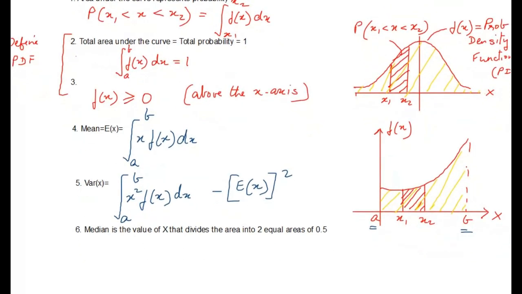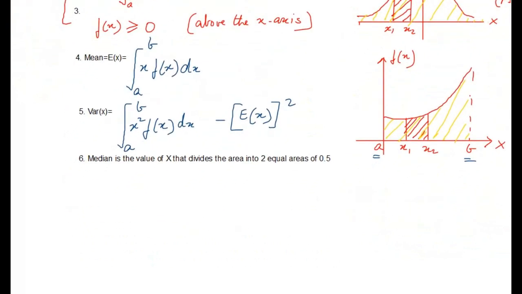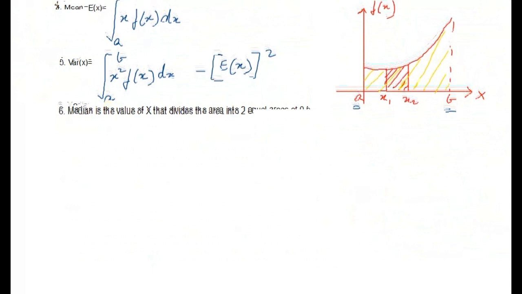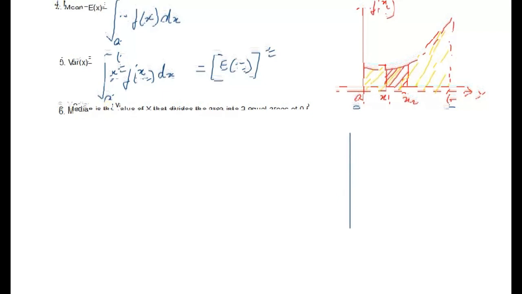Right. Finally, we come to the last property, well, not exactly, but it is a property in a sense. What is a median in a probability density function? To demonstrate that, I'm just going to redraw the graph that we just used.